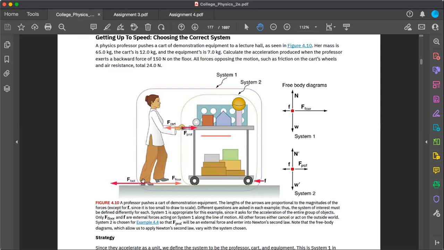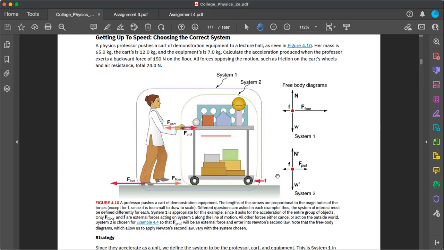So just look at the teacher. There are two forces equal to each other but in opposite directions. One is the force of her foot on the floor. The other is the force of the floor on her. And that force magnitude is 150. Okay, but we also have friction, which is totally 24 Newtons. So from here, you can compute the acceleration.